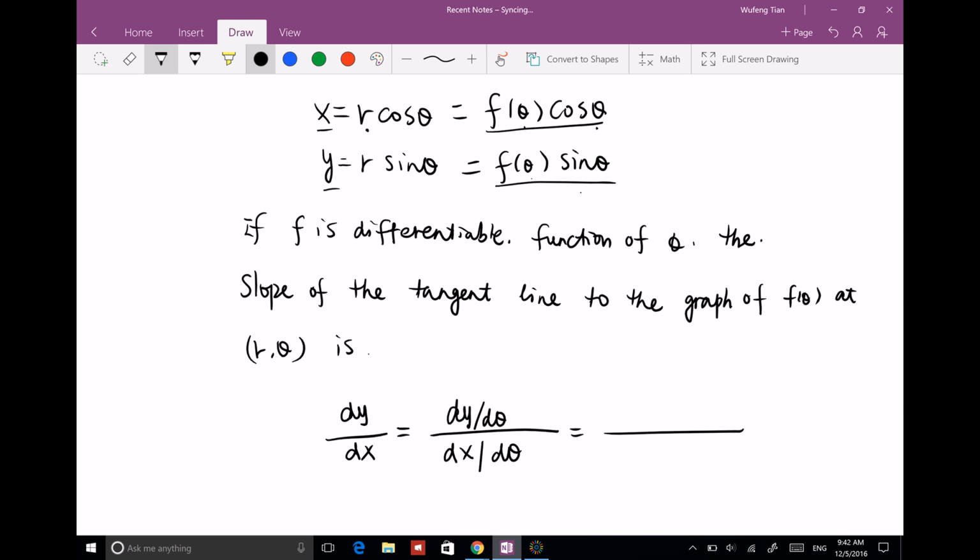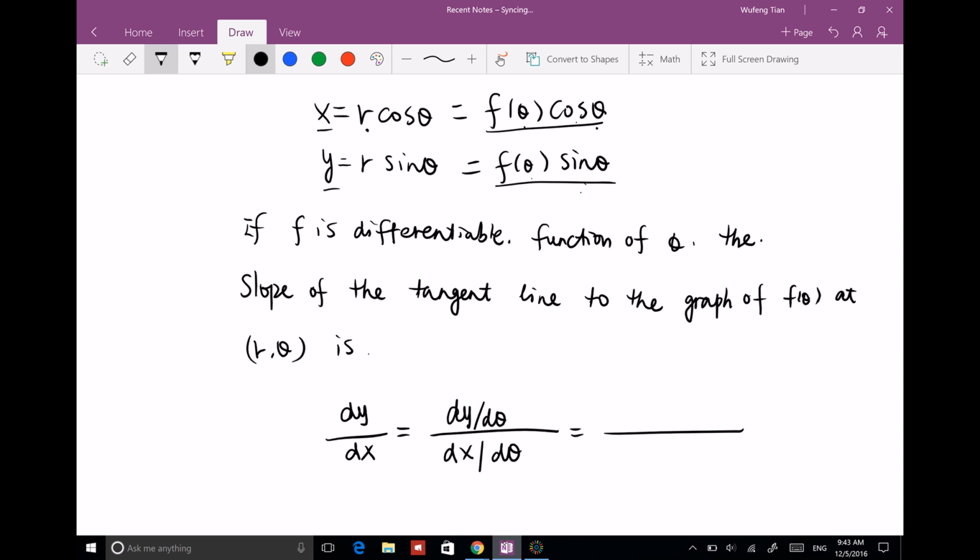I would like to ask a student here, what is the derivative of this one and this one? How do I take the derivative dy over d theta? I'm going to ask a student here, see if you can tell me. Okay. Luke, could you please tell me dy over d theta here?